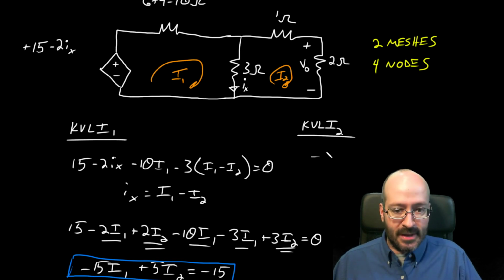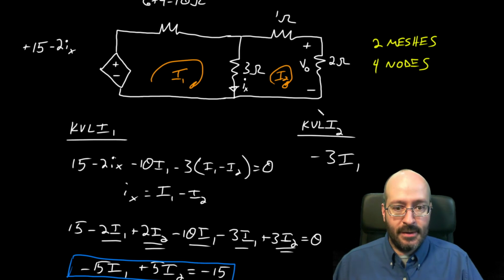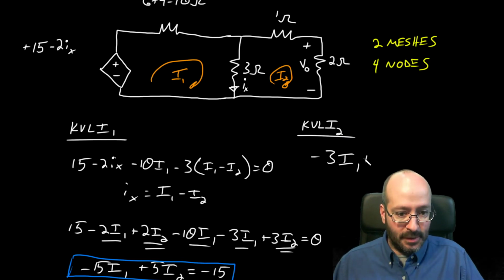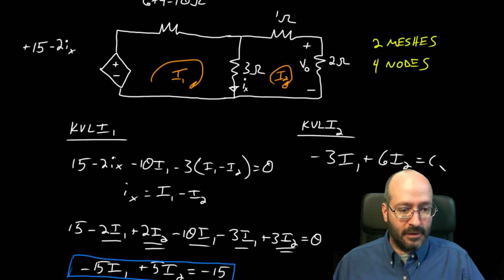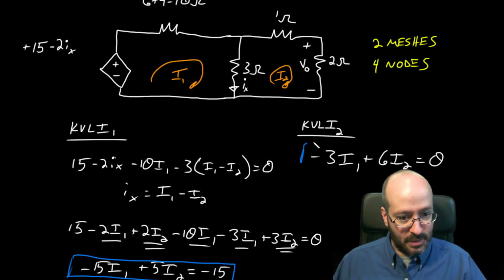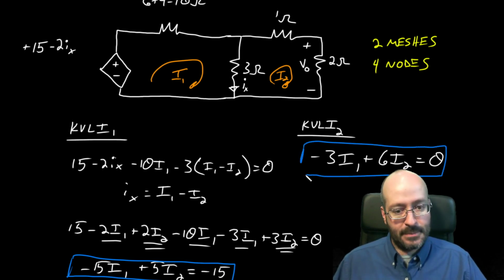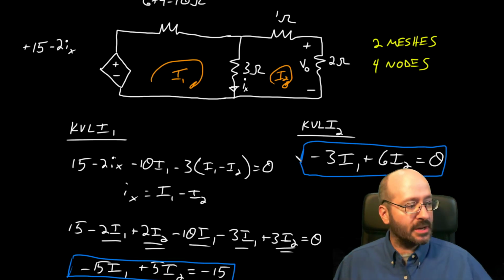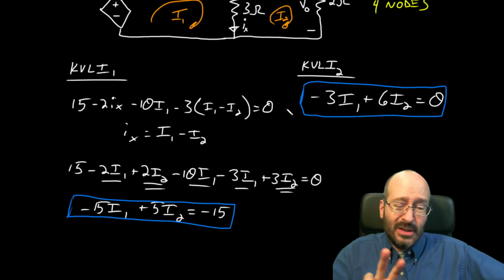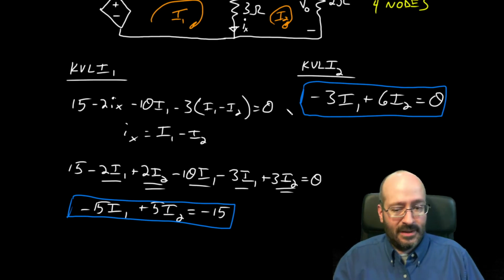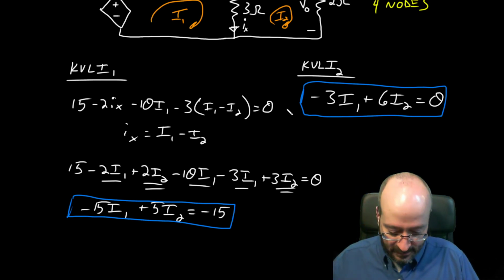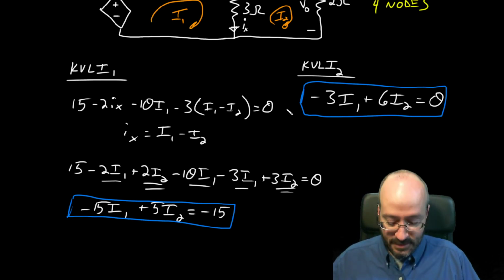Let's see, we got negative 3I1 and plus 6I2 equals 0. That was using the shortcut, doing that one in my head. And I've got my 2 equations, and I've got only 2 unknowns now, which was less than when I started down this path. Okay, so negative 15, 5, negative 15, negative 3, 6, and 0.